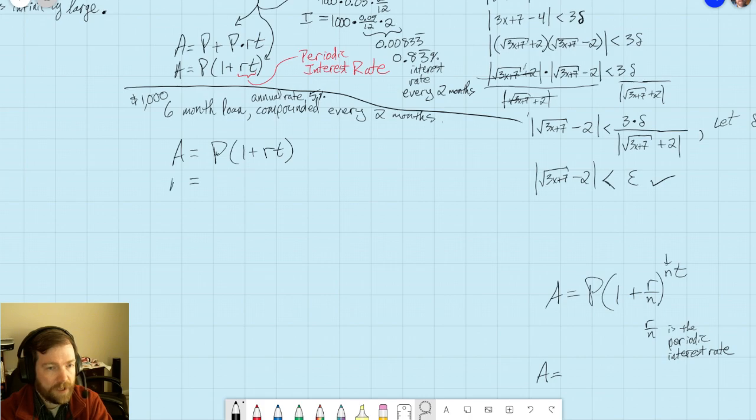So we get A, which we don't know. P is going to be 1,000. Then we get 1 plus R, 0.05, times T is 2/12, which again, we could do as 0.05 over 12, then times 2. This is going to be $1,000 times 1.008333, etc.